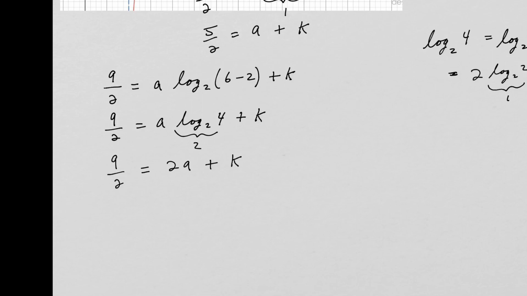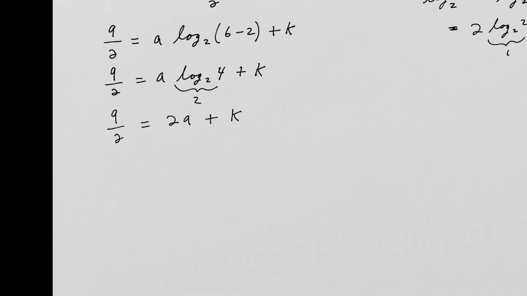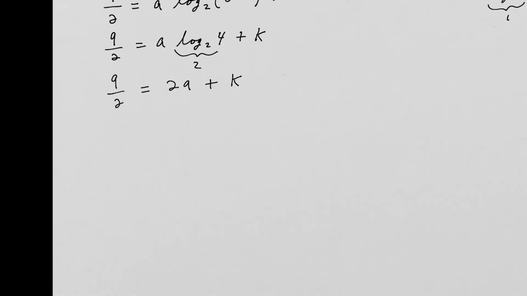Okay, so if you think about this now, I have 2 equations by 2 unknowns, right? They're 2 linear equations in terms of a and k, so I need to solve those 2 equations for the 2 unknowns. Let's see if I can fit it at the bottom here.